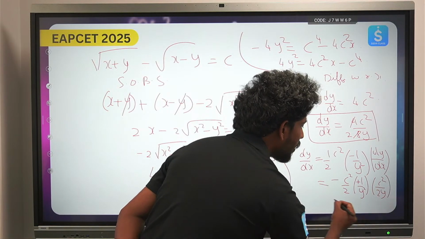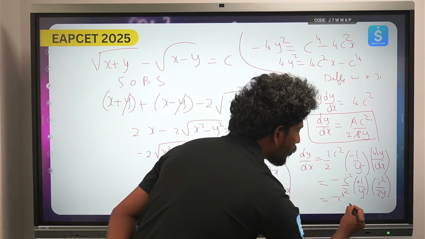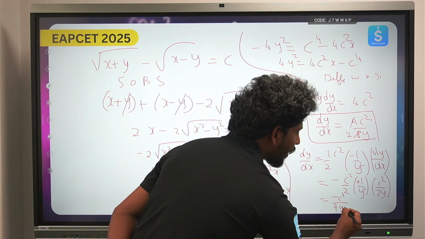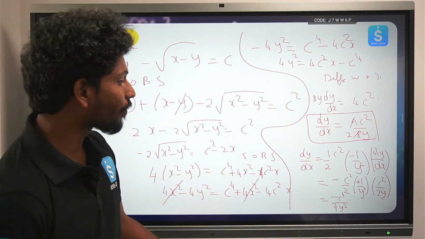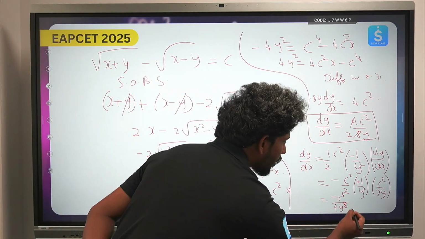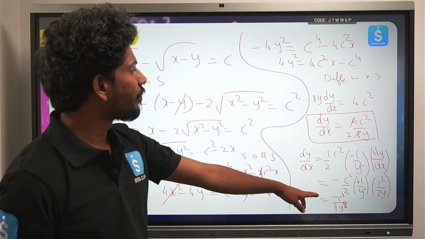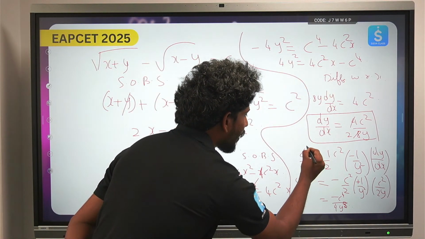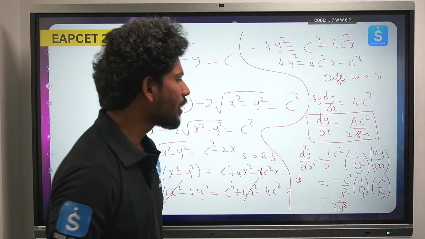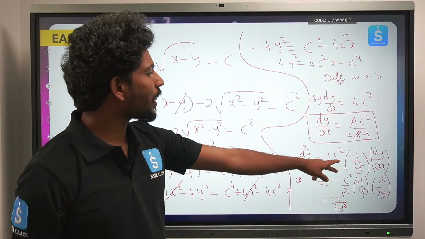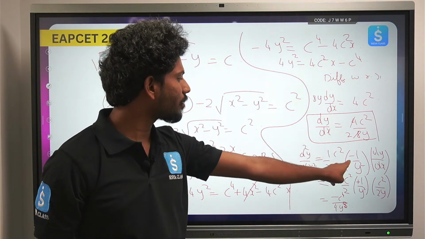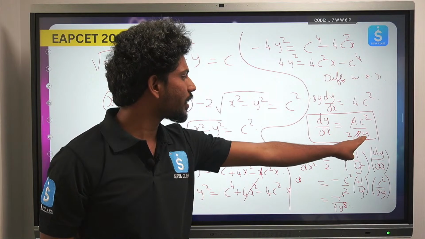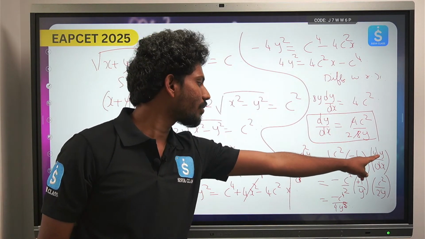So this will become minus c to the power 4 by 4y square. So that is the answer I got, 4y cube, sorry, 4y cube minus c to the power 4 by 4y cube. So this is the whole thing I got. This is nothing but d square y by dx square. So 1 by 2 c square, again if I differentiate this, this will become minus 1 by y square into dy by dx.